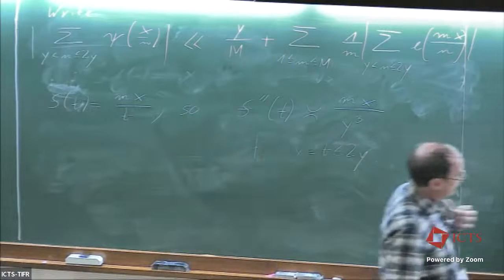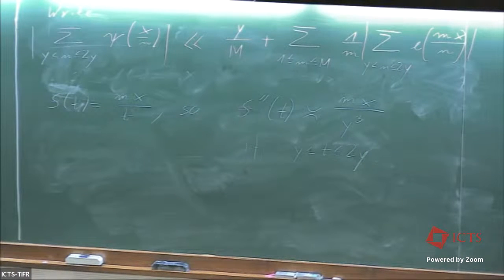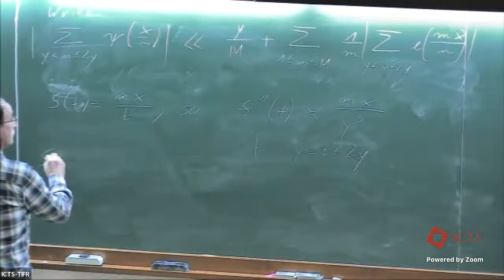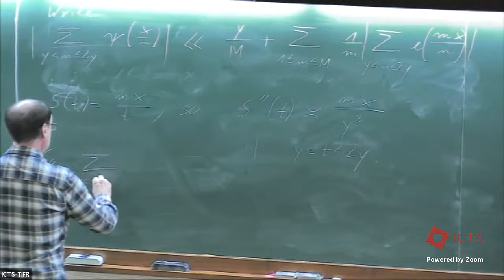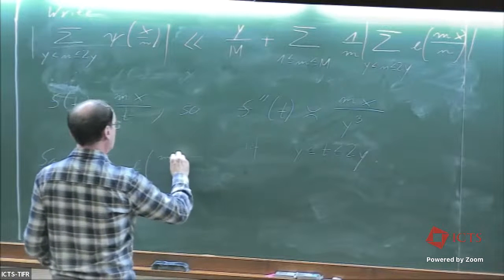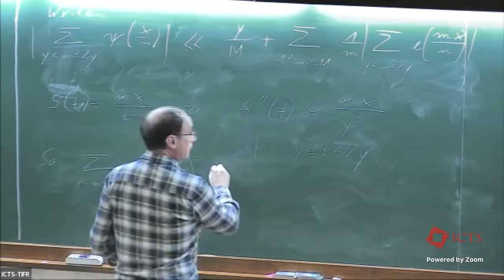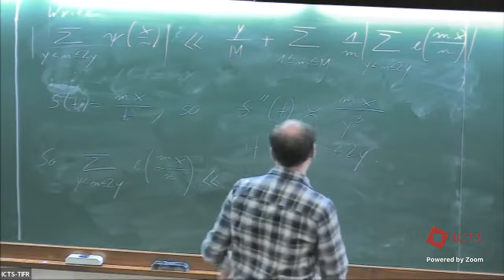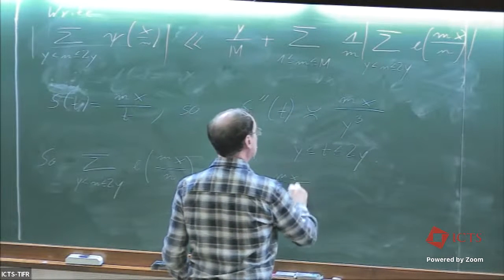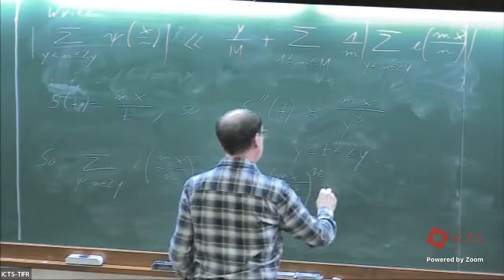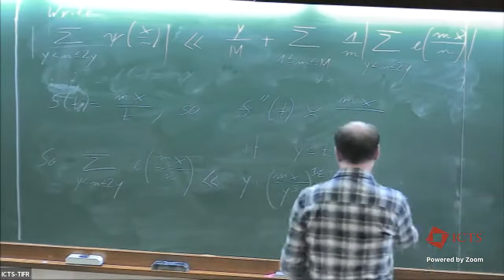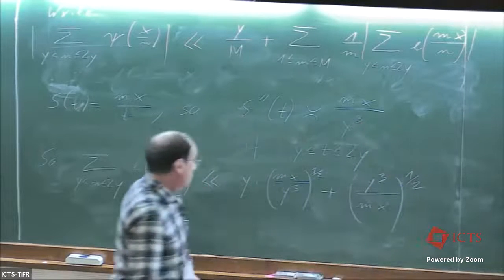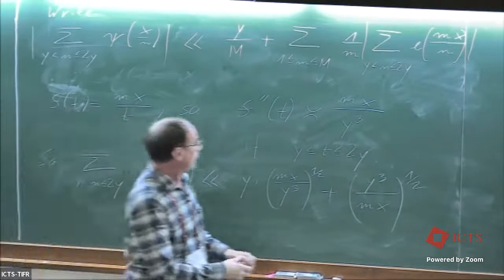Yeah, so now we can apply that lemma, and what we obtain is: the sum over y less than n, of e of mx divided by n, is bounded by the length of the interval y times mx to the 1/2, plus y to the 3 divided by mx to the 1/2. Okay, fine. And then we need to sum up over m.